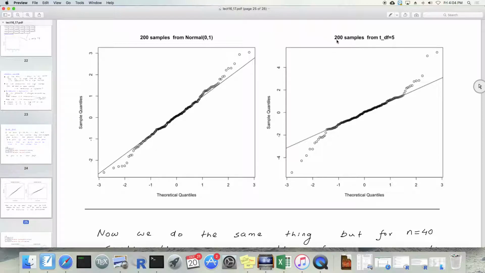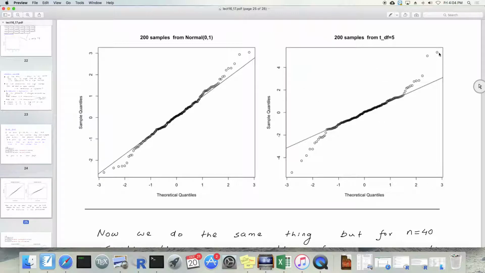These are 200 samples from T with degrees of freedom 5. The points are a little bit off. At the very end, it's quite a bit off. Although both plots are the same size, this one ends at 3 while this one is like 4.